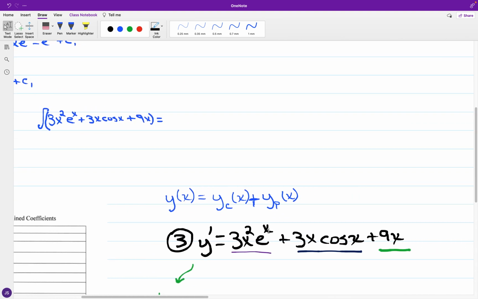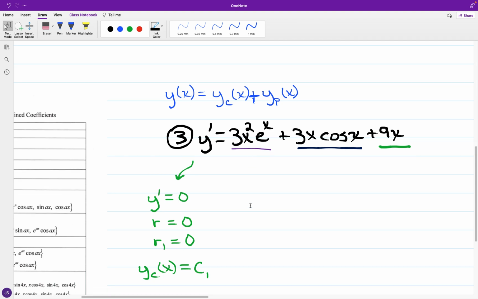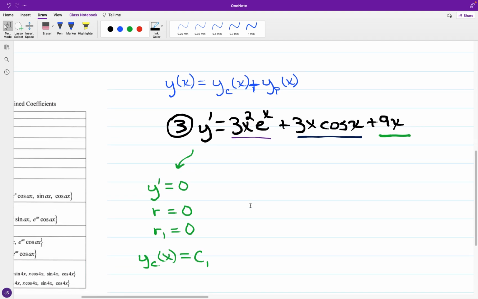For the overall solution, you're combining the complementary and the particular solutions. And the complementary solution of a first order homogeneous differential equation is just going to be a constant.